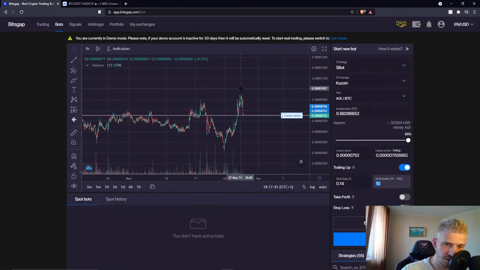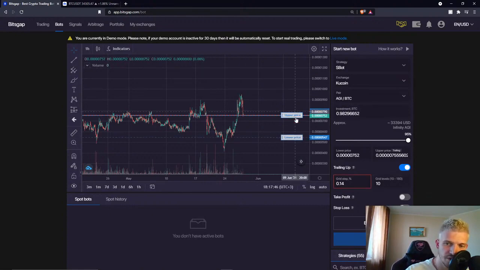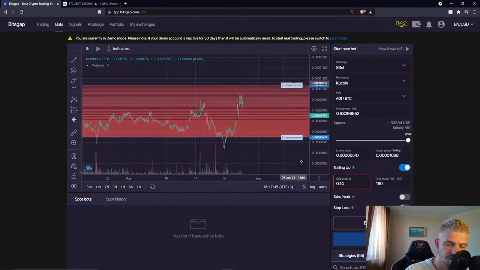It really takes just 3 clicks to come up with the configuration that you want to trade, and you can experiment with as many as you want until you find your ultimate solution.